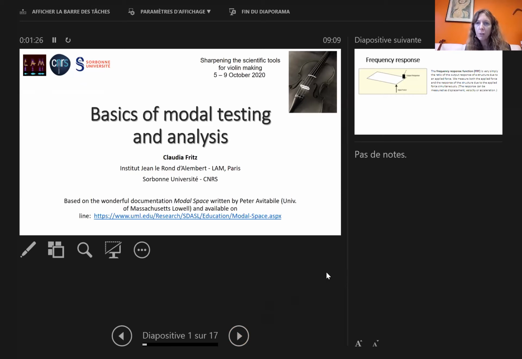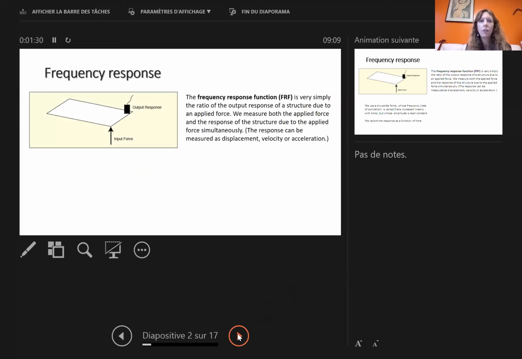I don't manage to get to the next slide. Okay. Is that okay? Can you see properly? Yeah, okay. Claudia, for some reason, you have your main slide on the left, and then you have a preview of the next slide on the right. It's fine, but presenter's view, isn't it? So you've got two screens.